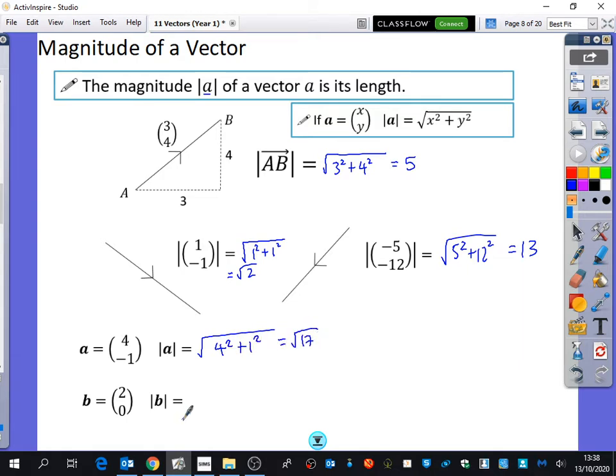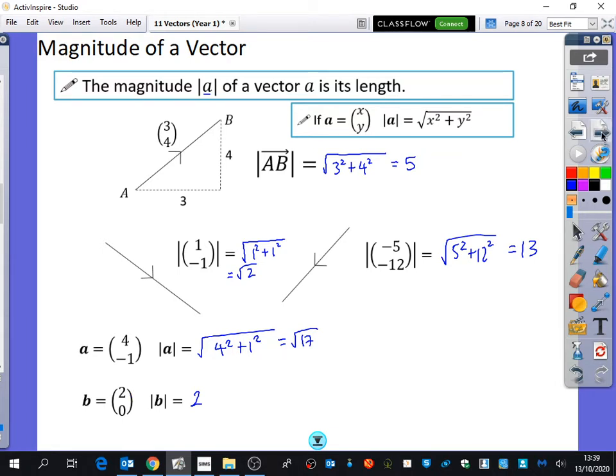And what about the second one? It's just 2. There's no point in doing any Pythagoras to that because it's clearly just going 2 units to the right. Not everything requires the formula just because we have one. You need to be careful and think about what it's actually asking in order to answer that question in the most efficient, most useful way, okay?